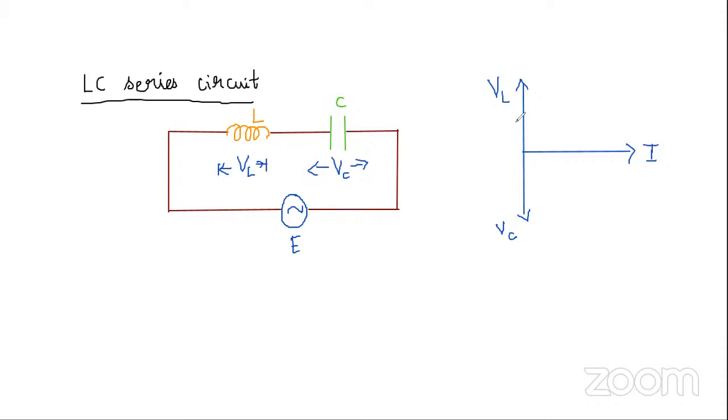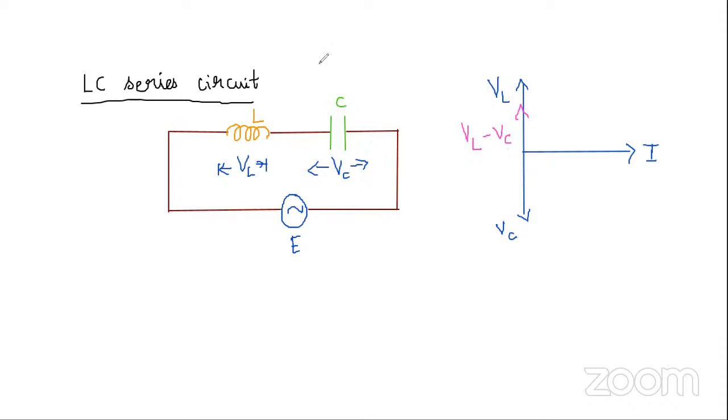And the difference in the voltages can be represented by VL minus VC, because VL and VC are in opposite directions.